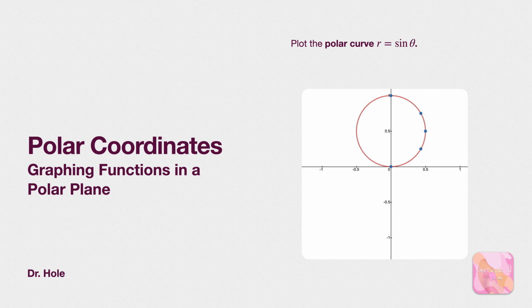Note that to traverse this circle, we use 0, pi over 6, pi over 4, pi over 3, pi over 2, and then we came back when theta was pi. So 0 to pi for this parameter theta traverses this curve. Note that the diameter of this circle is 1, therefore the radius is 1/2. So this circle, which is lying about the positive y axis, is centered at a y value of positive 1/2.